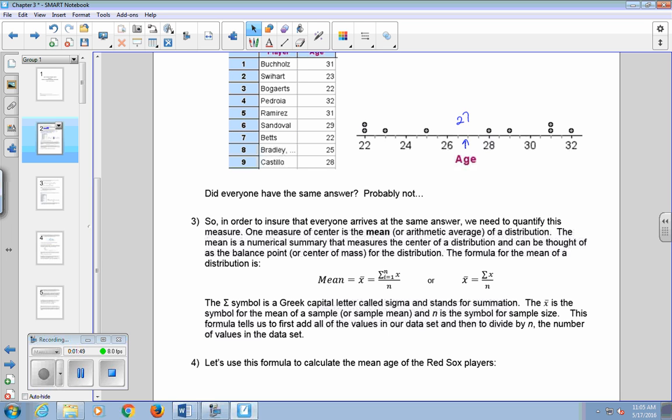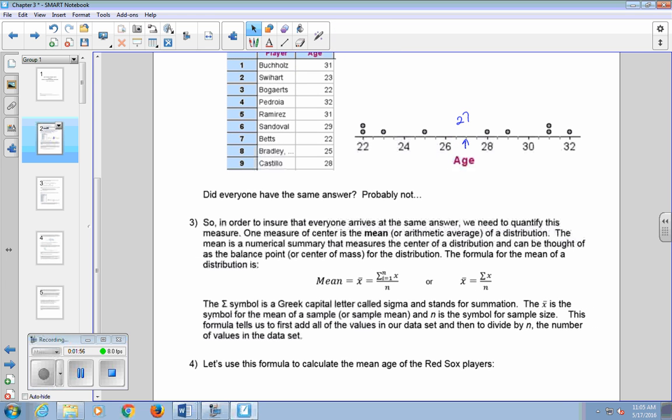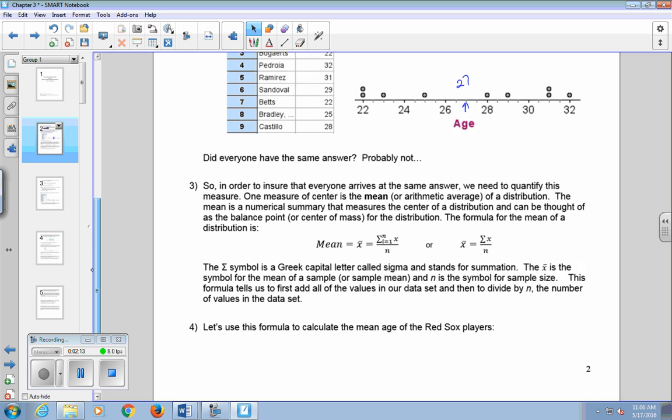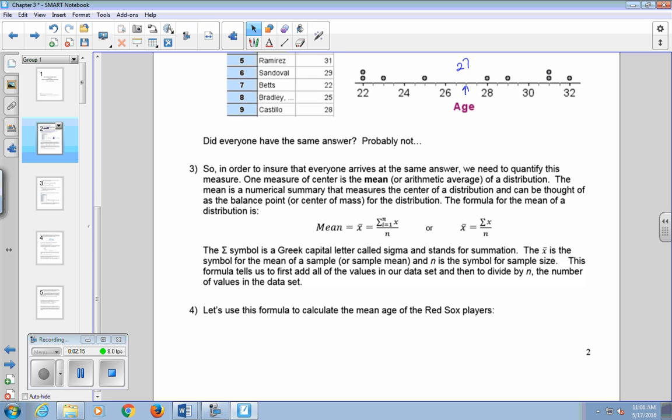And one measure of center, the first one we're introducing, is the mean, or the arithmetic average of the distribution. The mean is a numerical summary that measures the center of the distribution and can be thought of as a balance point or center of mass for the distribution. So our formula given below here is for the mean, and we use this symbol that we say is X bar.